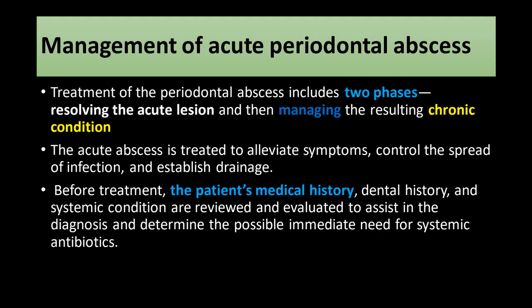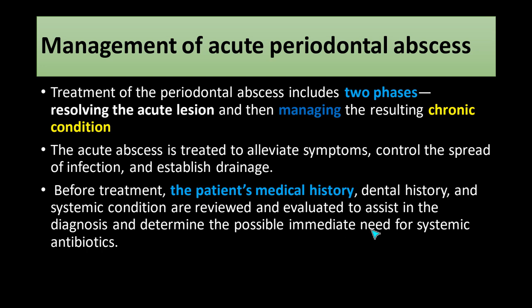Next, coming to the management of acute periodontal abscess, the same thing as I told you before, it works in resolving the acute phase of the lesion and managing the resultant chronic condition. Now, before treatment, you have to take a thorough medical history, dental history, and systemic conditions before you determine the possible immediate need of systemic antibiotics.